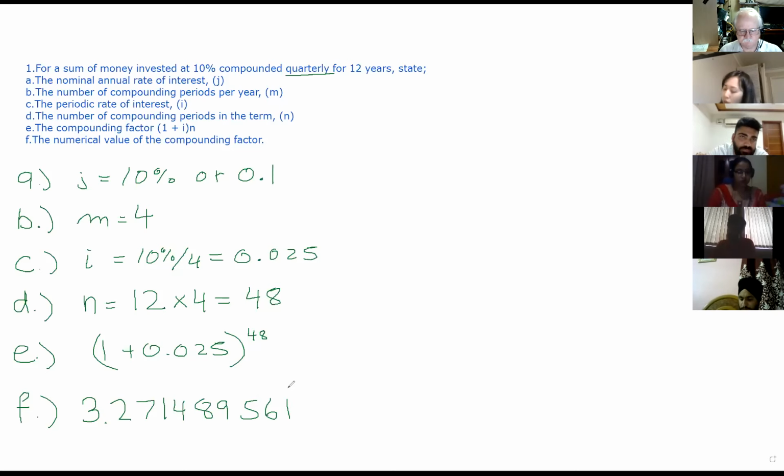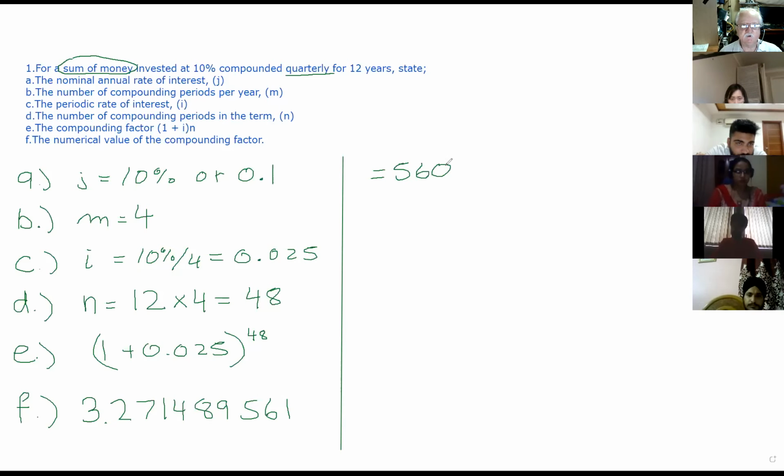So to see whether this is working or not, let's say the sum of money equals 560.